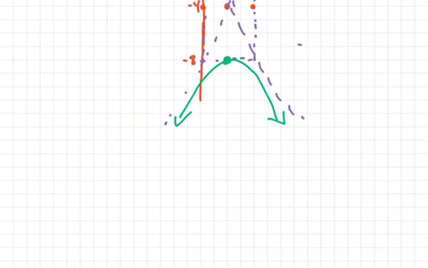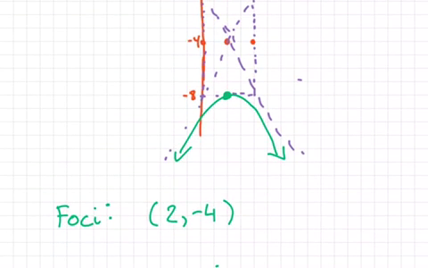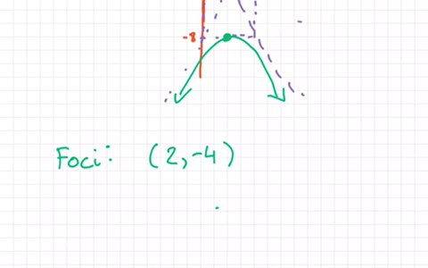So let me write foci. If the center is (2, -4), am I going to add the C value to X or to Y? We got to add it to Y. Not to sound redundant, but why?